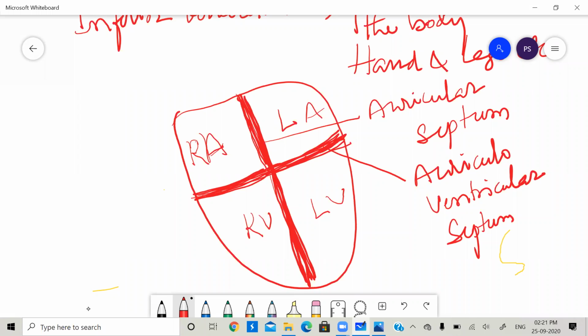On the left auriculoventricular septum, there is an aperture which allows flow between auricle and ventricle. To control that, there is a valve with two flaps, 1, 2. This valve is called the bicuspid valve.